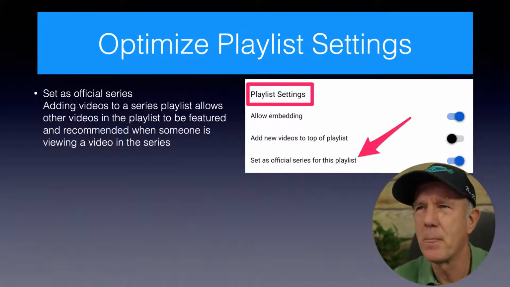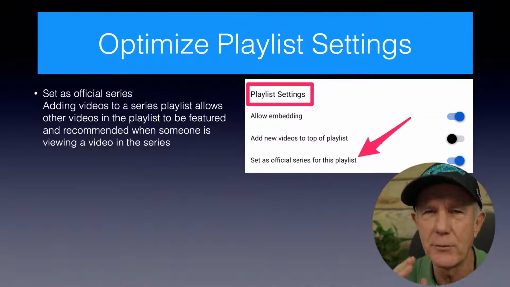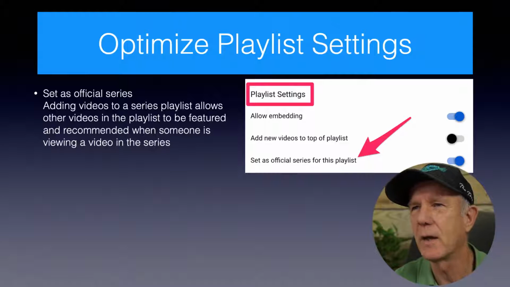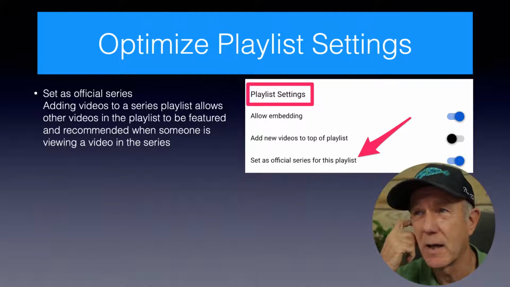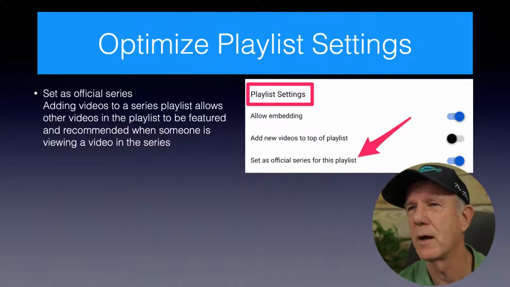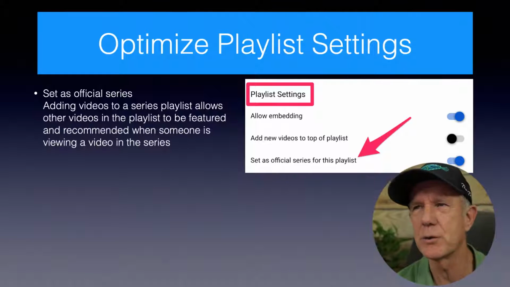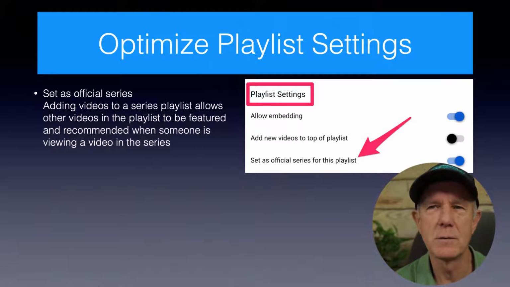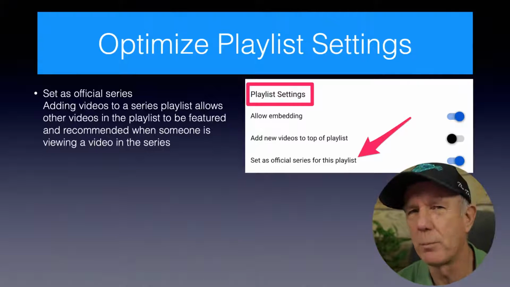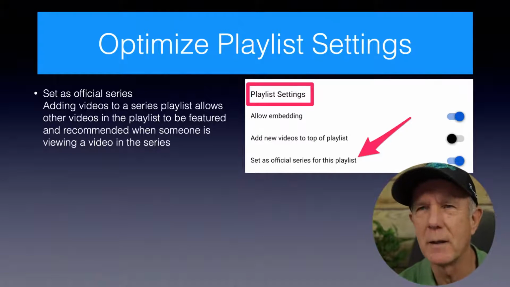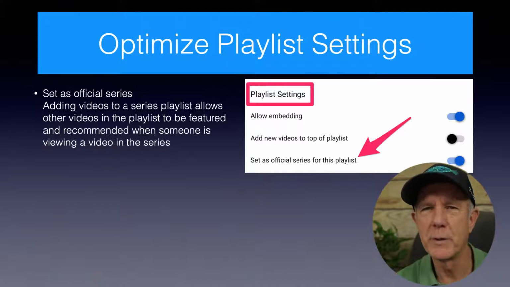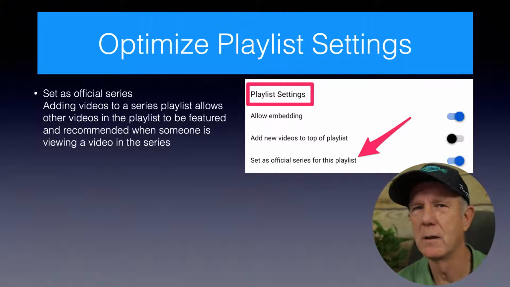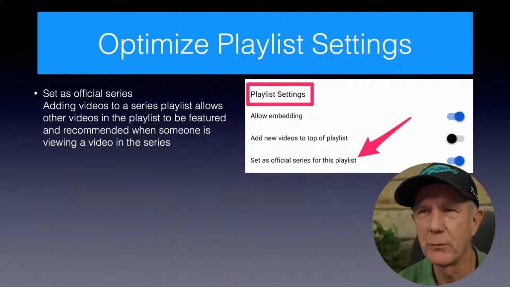By making it an official playlist, you just click that, move the slider to the right, and set this playlist as an official series. That increases the probability of YouTube recommending the videos in that playlist when people are watching a specific video from that playlist.